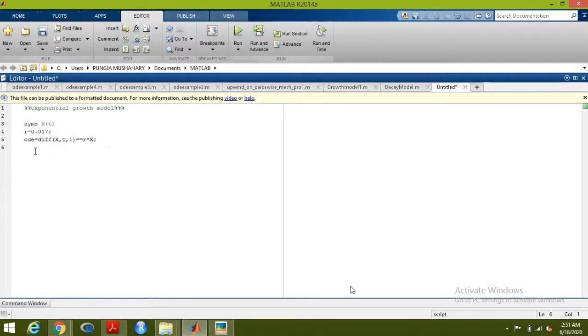Along with it you need the initial condition. The condition is x at time 0, that means the initial time 0.